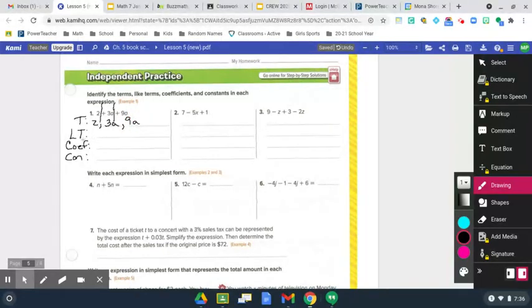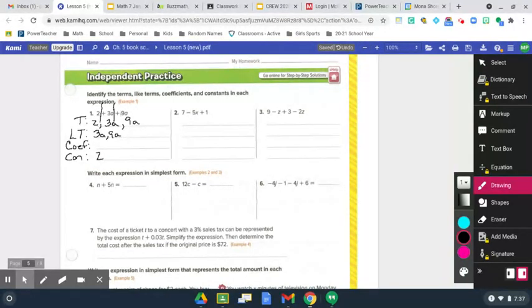The like terms, remember, had to be the ones that had the same thing in common. When you look at that expression, you see there are 2 terms with a's next to them. So I'm going to list them: 3a and 9a are considered like terms, and that's all I'm going to list. 2 is in that expression. It's a constant, so I'm going to put that right there, constant.